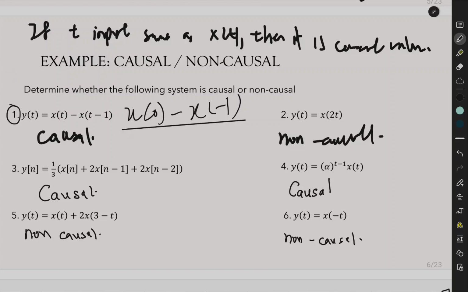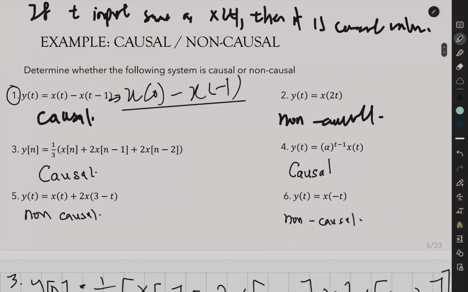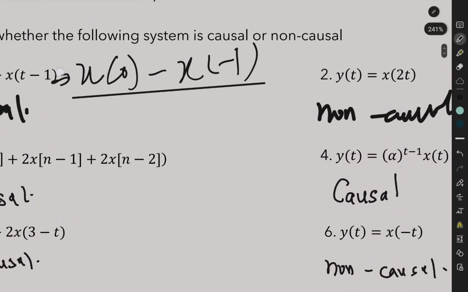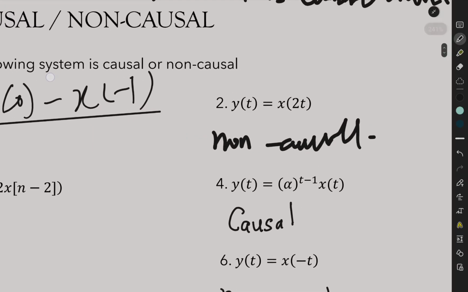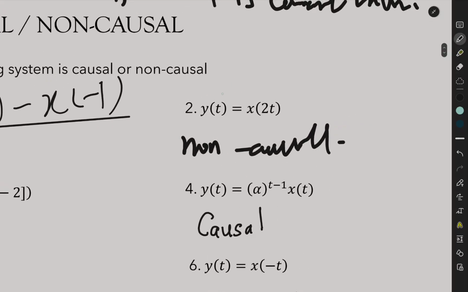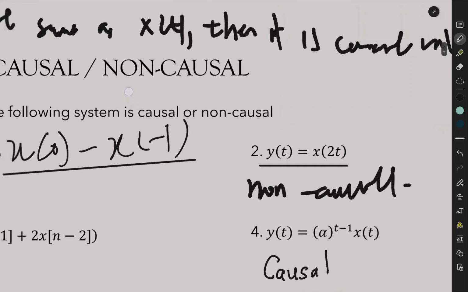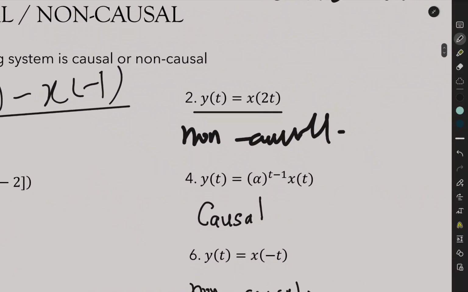Why? Because when t equals 0, the system will output x(0) and x(-1). Let's look at another example.